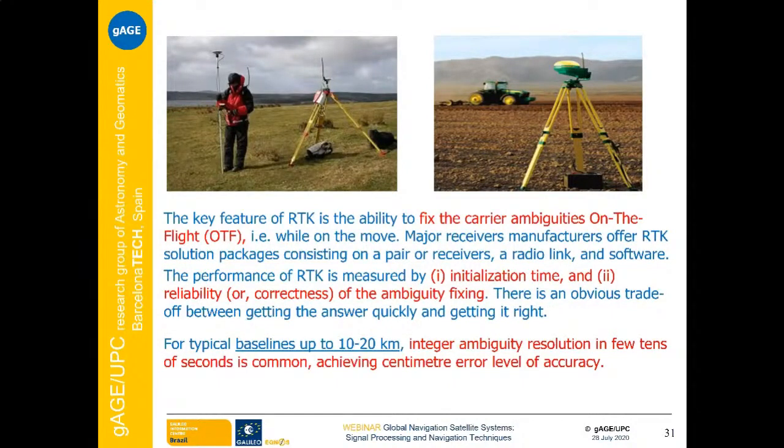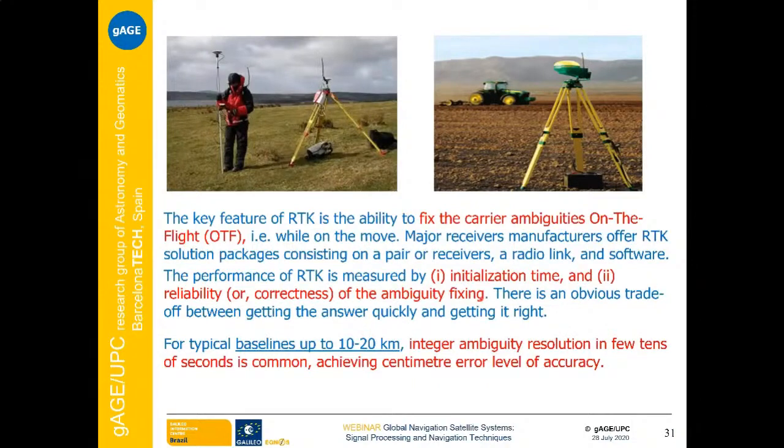Some major receiver manufacturers offer a solution package that consists of a pair of receivers, reference station and receiver, and the software to process the data. The performance of RTK is measured considering the initialization time, that is the time we need for the first fix, typically seconds, and the correctness or reliability of the ambiguity fixing.